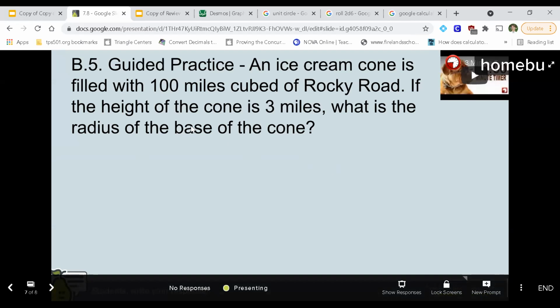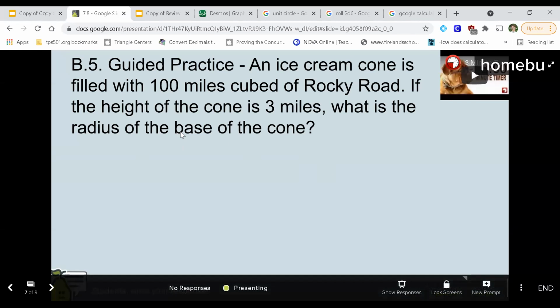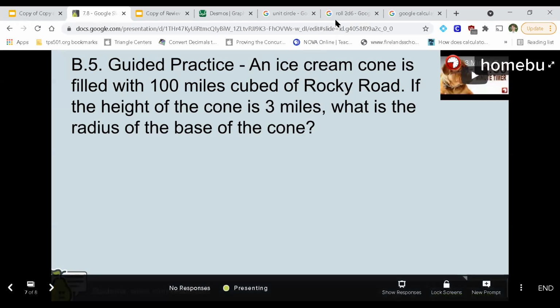I mean, the math is very similar, so it turns out to be not a big deal, but whatever. The height of the cone is 3 miles tall. You need to know the radius. That way you know if it can fit into your car or not. Real world stuff here. What would you do in this situation without geometry?